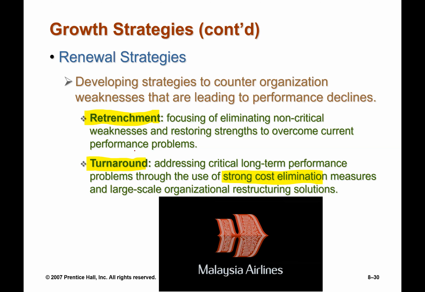And the renewable strategy. Okay, renewable strategy. This is exactly what is going to happen after this COVID or even during the COVID. But the one that I have is basically the classic example with regard to Malaysian Airline.